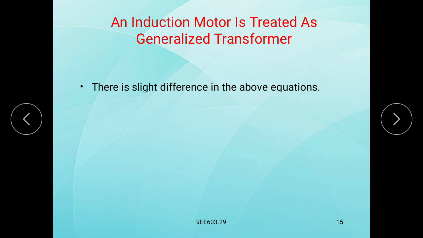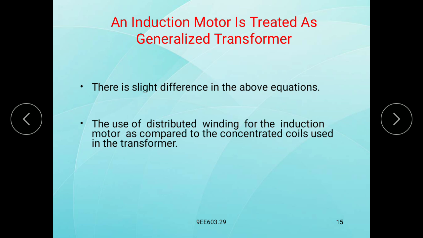There is a slight difference in the above equations: the use of distributed winding for the induction motors as compared to the concentrated coils used in the transformer.